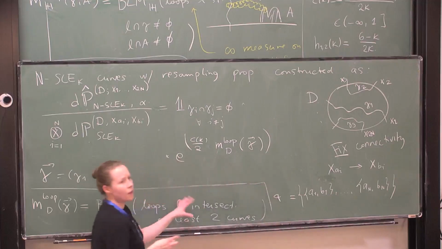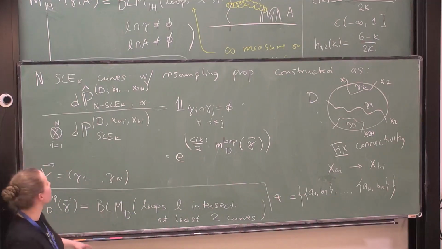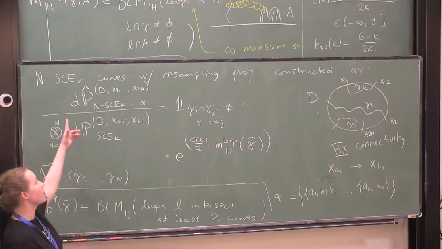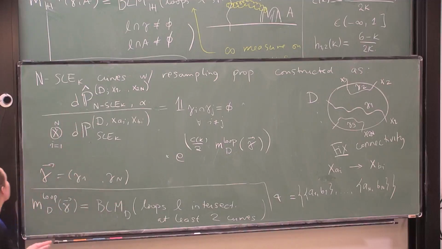You can write it in terms of some inclusion-exclusion formula, and hopefully I didn't write it wrong, but the idea is to generalize. So if you have 2, then it's as before. If you have more, it's a bit more complicated.